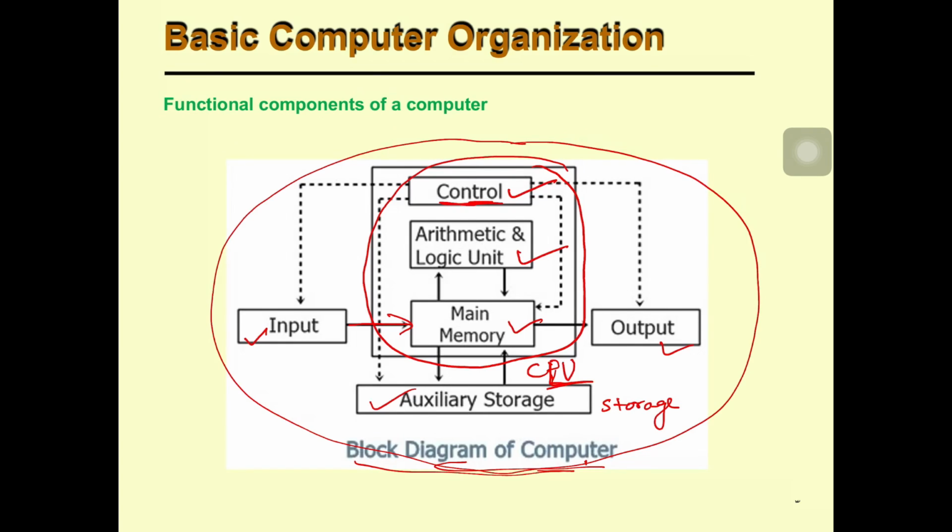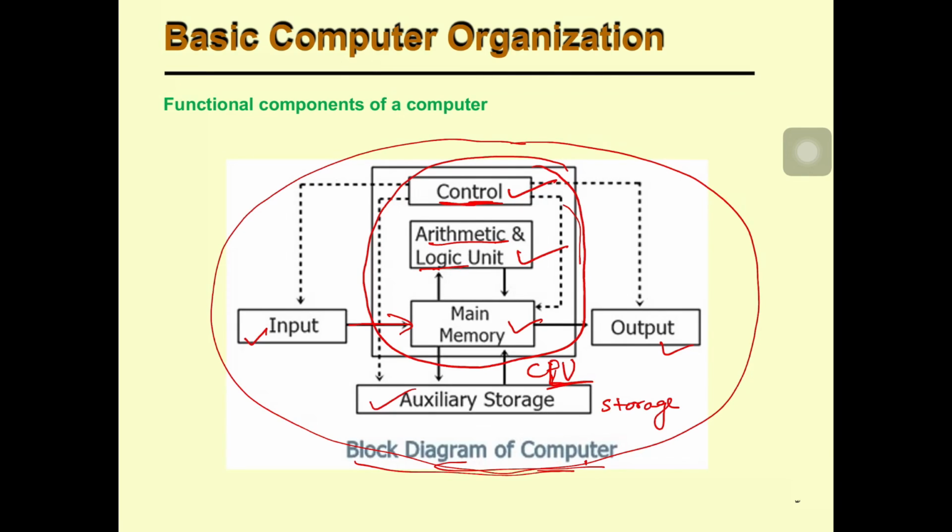First one is arithmetic functions, that is the functions regarding plus, minus, multiplication, division, etc. And second one is logic unit, which performs the logical operations. Logical operations may involve the logical gates, or it may involve what to do after this instruction. All these things are done by this unit. Okay, that is why this portion of the computer, CPU, is known as the brain of the computer, because all the things are controlled by this portion of the computer.